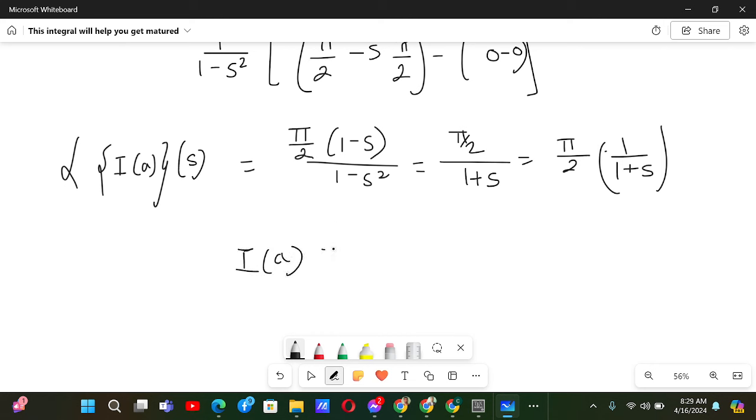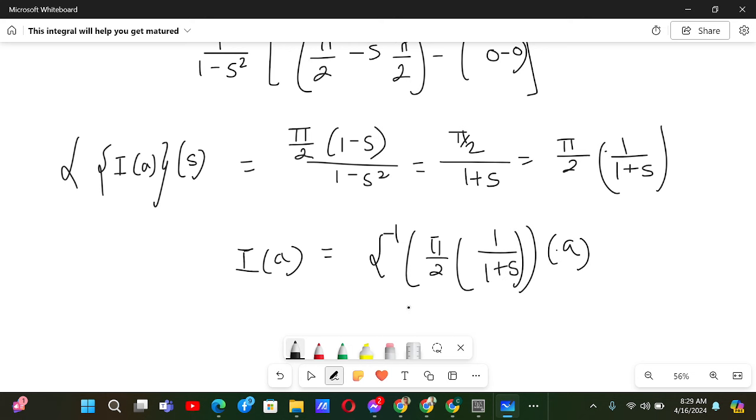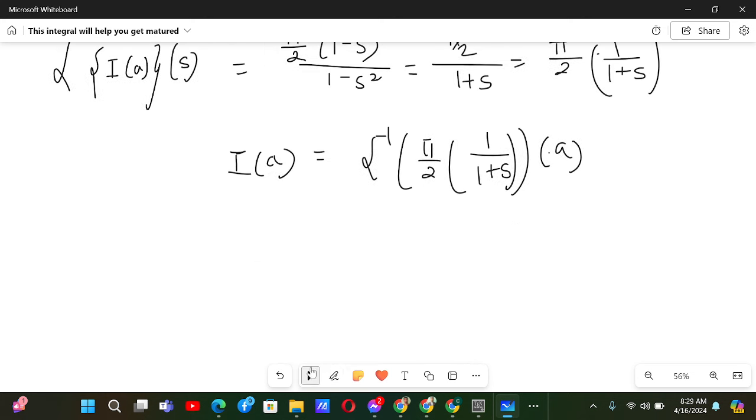Yeah. And what is the Laplace inverse transform of this expression? Pi by 2 by 1 plus s, and then over here to the world of a again. So basically, Laplace inverse transform of 1 by s is just 1.